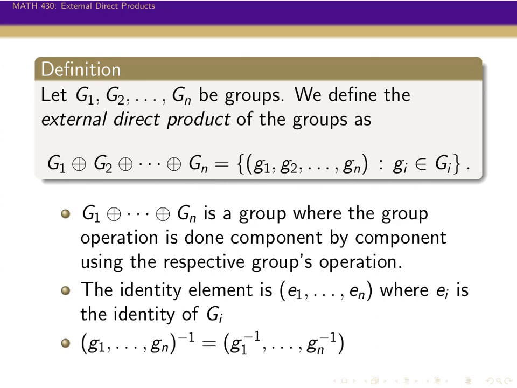So if G1's group operation is addition, that means the inverse, instead of being G1 to the minus 1, would really be minus G1. If it's multiplication, then it would be the reciprocal. But you could also have permutations in one of these slots, and in that case, the inverse would be the inverse permutation.